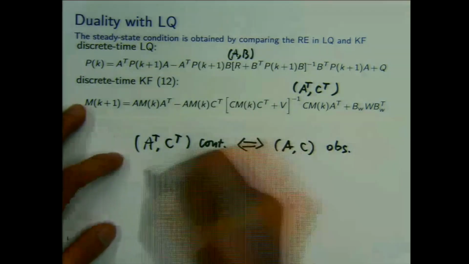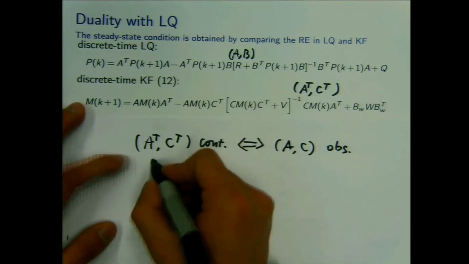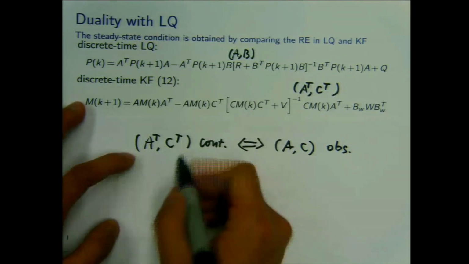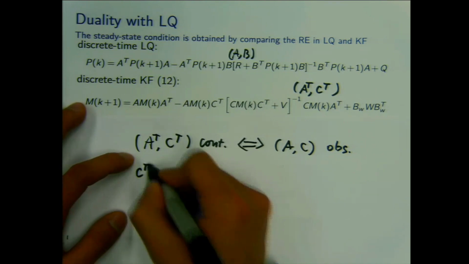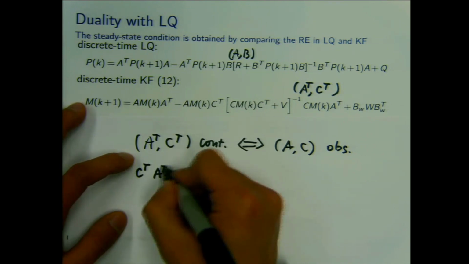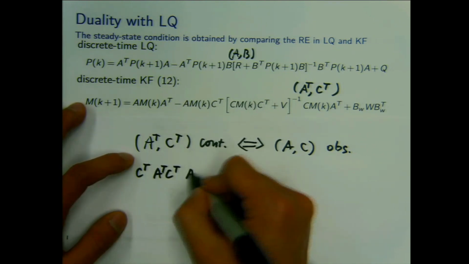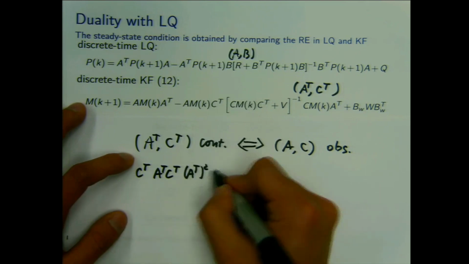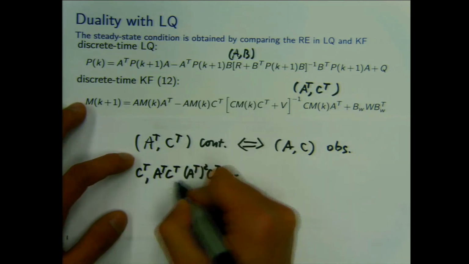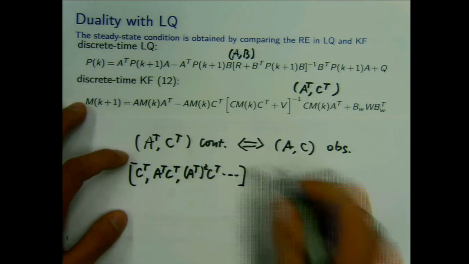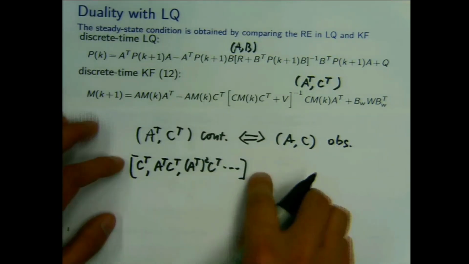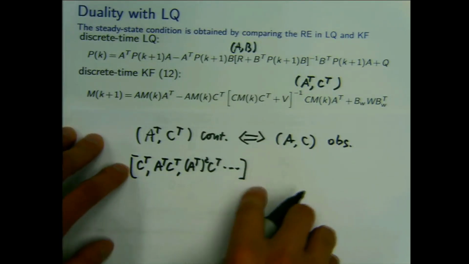Okay? To show this, you just construct the controllability matrix of this guy, which is going to be C transpose, A transpose C transpose, A transpose squared C transpose, going all the way to as long as the system dimension. So this has to be full rank.